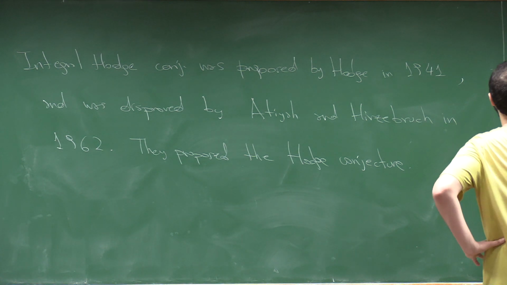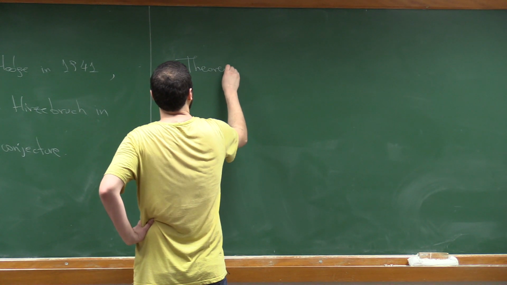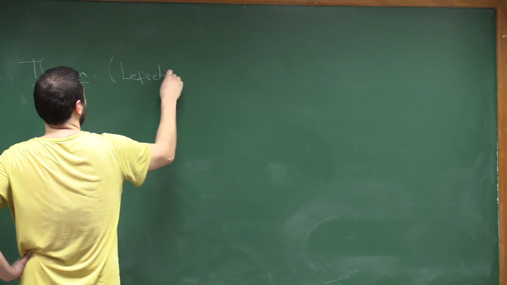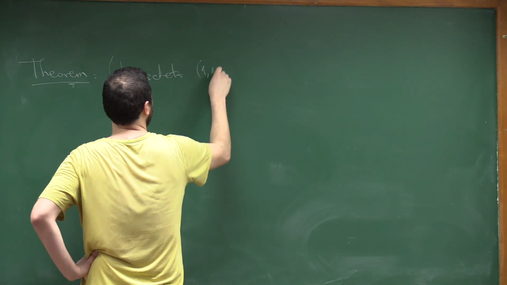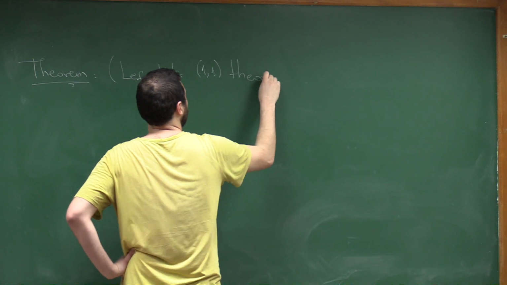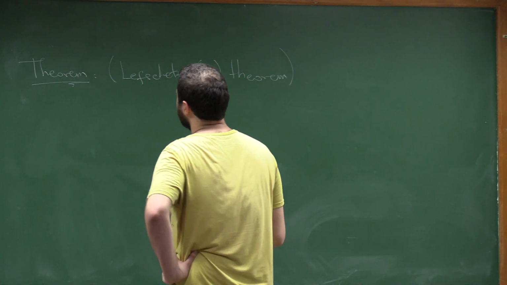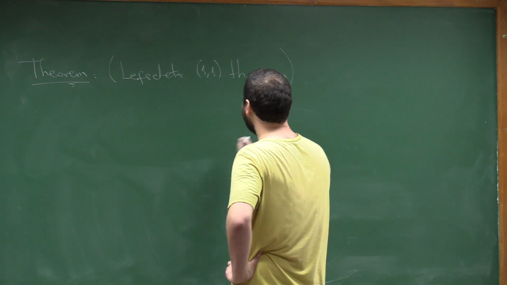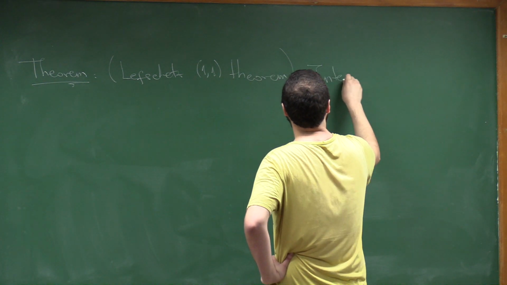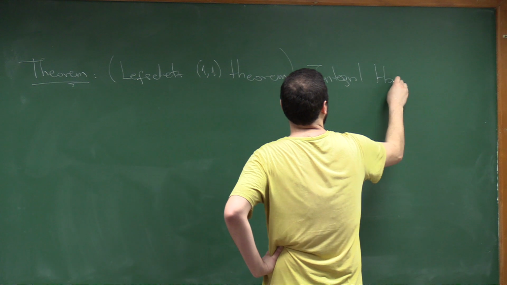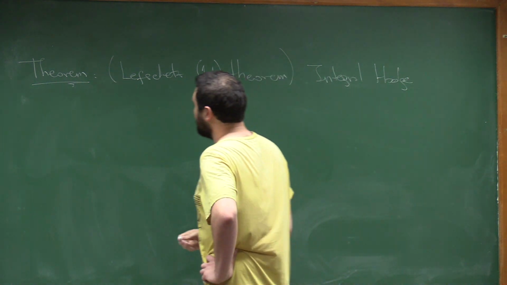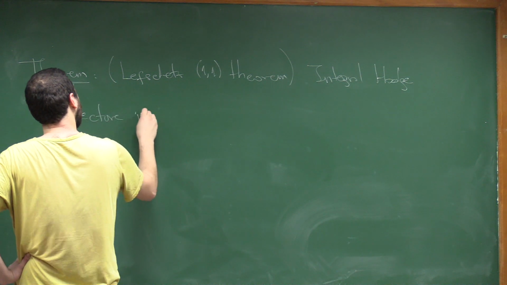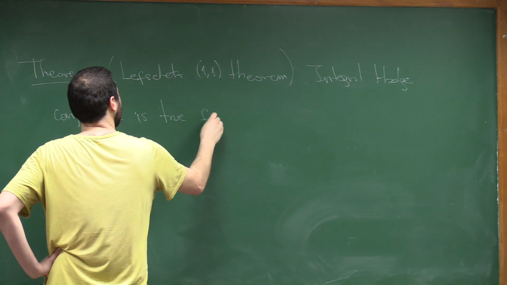Okay, so theorem. This is Lefschetz 1-1. The Lefschetz 1-1 theorem says that the integral Hodge conjecture is true for k equal to 1.